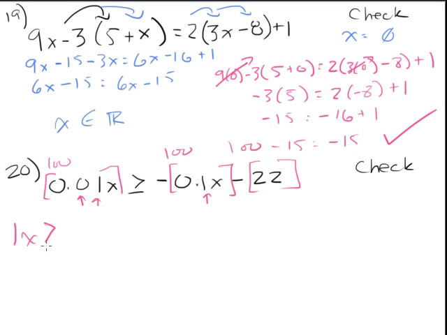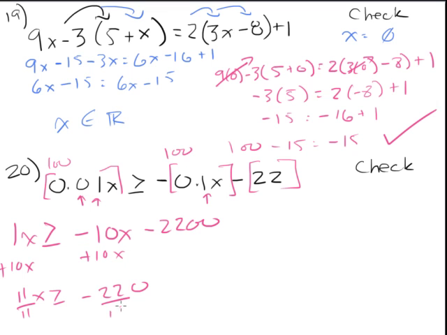This one here, I'm going to be left with negative 10x, negative 2,200. Okay, letters on the left, numbers on the right. So I'm going to add 10x to both sides. 11x, negative 2,200. Okay, and then I'm going to divide by 11, divide by 11.